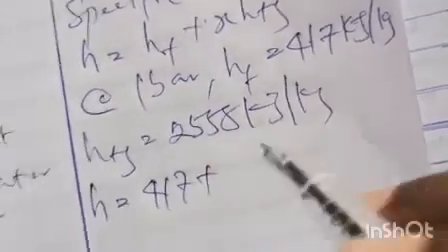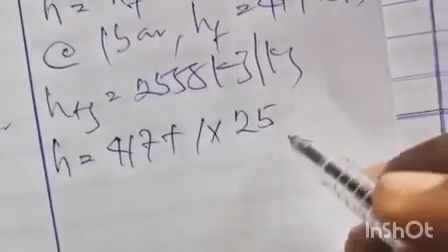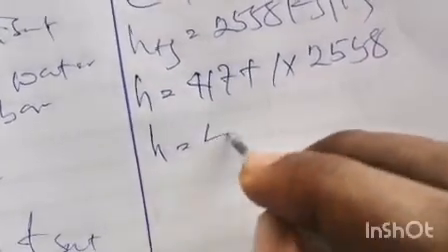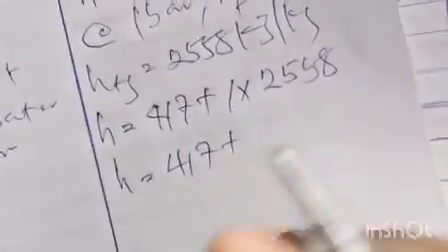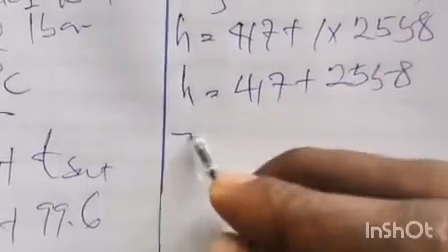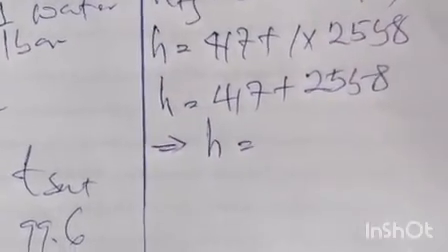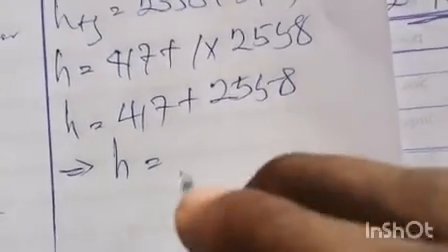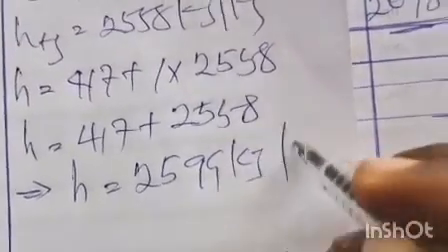So we can now find specific enthalpy to be equal to HF, 417, plus X, the dryness fraction, which is 1, times HFG, 2558. This gives specific enthalpy as 2558 plus 417, which is 2599 kilojoules per kilogram.